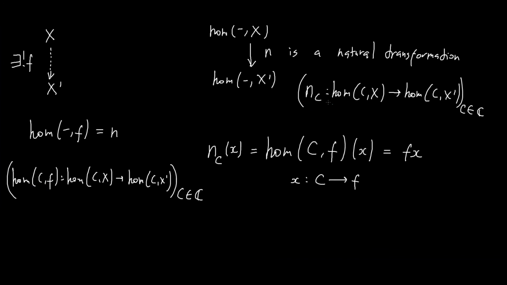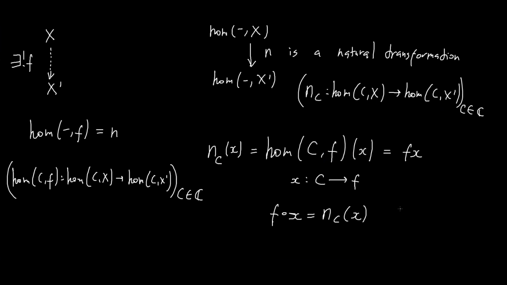These are functions having the same values, because they certainly have the same domain and the same codomain. So I'm now saying that this evaluated at x must always be equal to that evaluated at x, but that evaluated at x is f x. So I'm saying that f composed with arbitrary x must always equal n c of x.